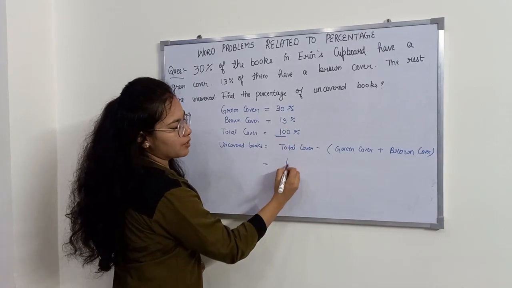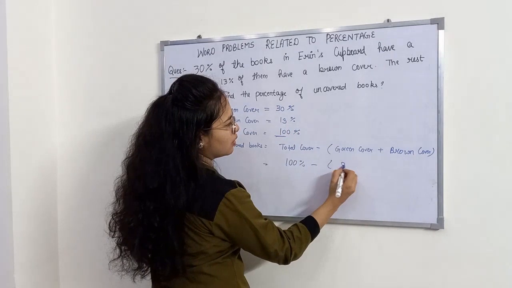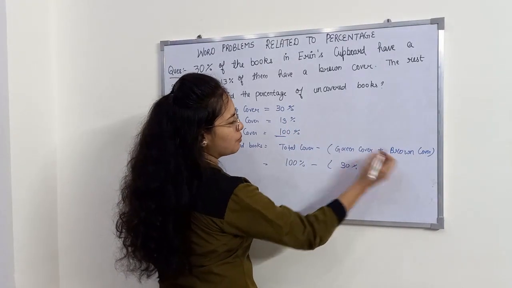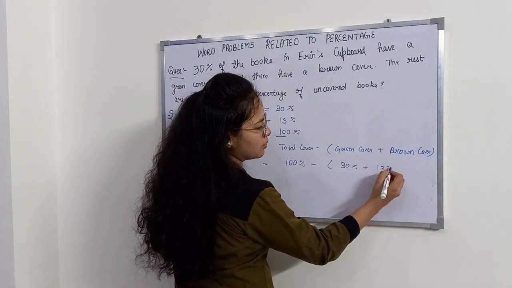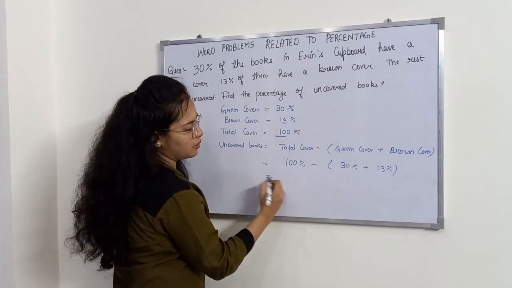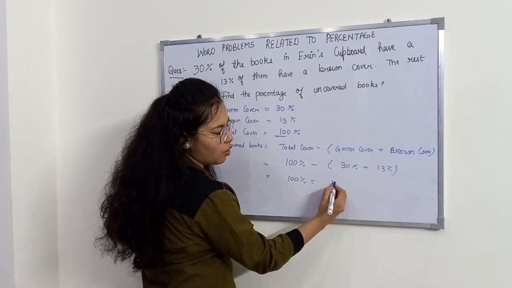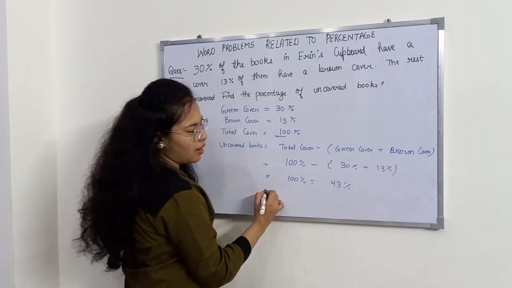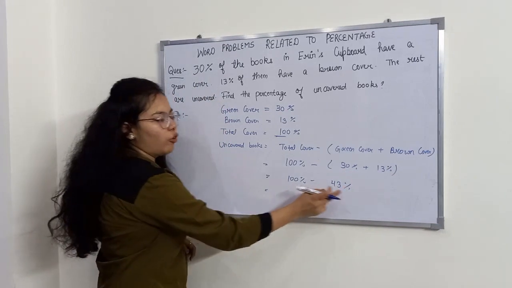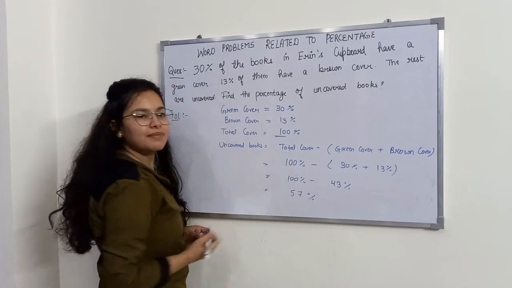Total is 100% minus, green cover is 30% plus brown cover is 13%. According to BODMAS, first we have to solve the bracket. 30 plus 13 is 43%. And when you subtract 43% from 100%, you get 57%.